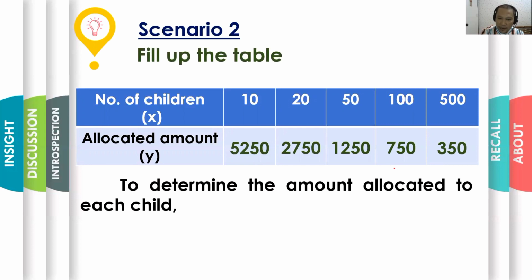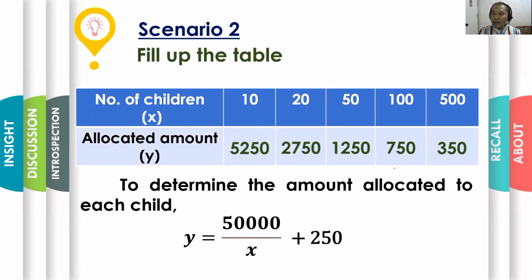Now, the question here is, how were we able to find the amount allocated to each child? Therefore, in the previous formula that we have, y is equal to 50,000 divided by x plus 250, since the philanthropist or the benefactor will donate 250 pesos for each child in the barangay.